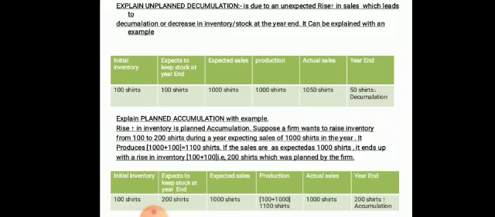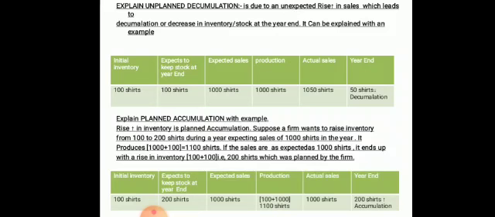It is expecting to sell 1000 shirts, so the firm produces 1000 shirts, but actual sales are more than 1000 shirts, that is 1050 shirts. So at the year end only 50 shirts are remaining from the initial inventory. Of 100 shirts, 50 are sold out and only 50 are left. So there is a decumulation, or a decrease in the stock at the year end. That is called unplanned decumulation.